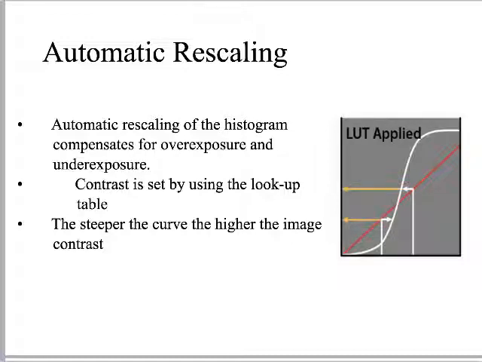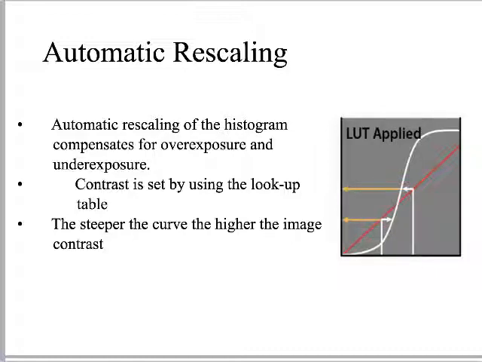It only has to do with the shape of the curve, right? If the curve is steep, it will be high contrast. If the curve is a more shallow curve, if the line is longer on that slope, it will be a lower contrast image. So it maps directly onto the grayscale of contrast.